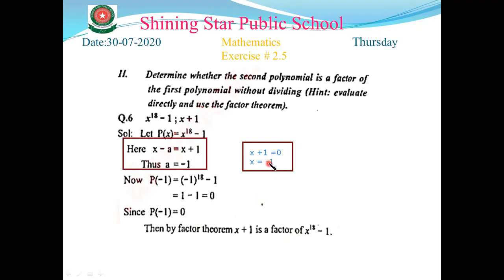When you put x equal to any number in the polynomial, then after the simplification, what answer do you get? 0 or other than 0. If the answer is equal to 0, then we can say that the given polynomial is a factor of p of x.